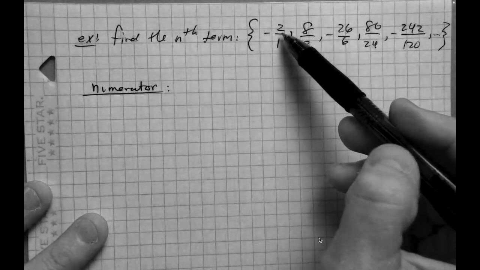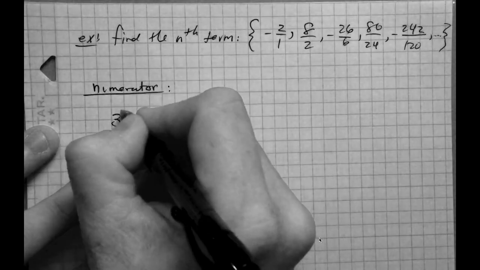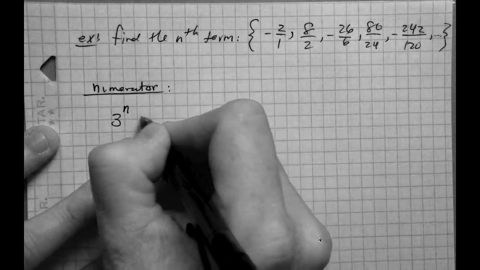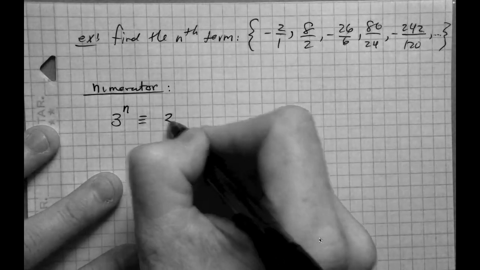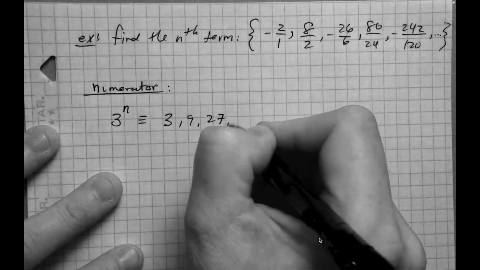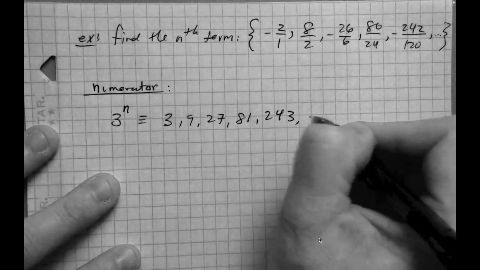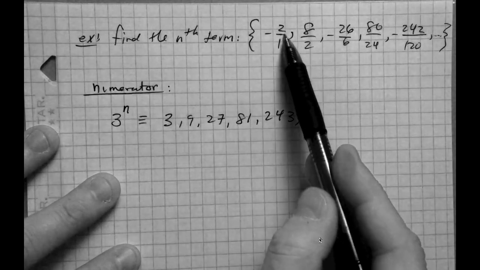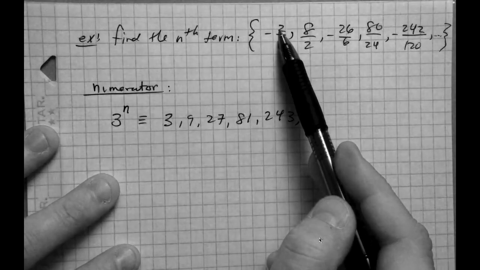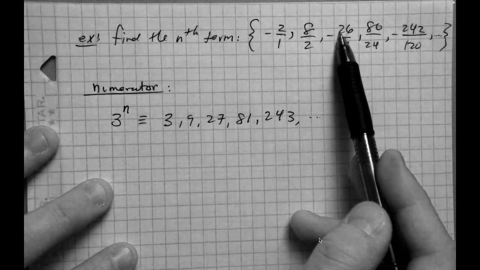Now, one thing you might notice is that if you think about 3 to the nth, 3 to the n produces 3, 9, 27, 81, and 243. So you can see that these numerators are like 3 to the first power minus 1, 3 squared minus 1, 3 to the third minus 1.